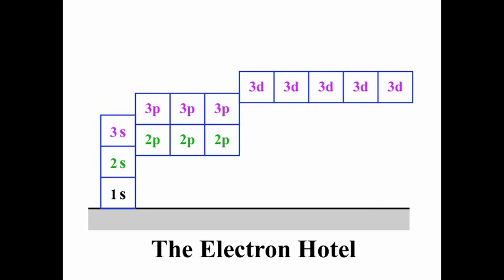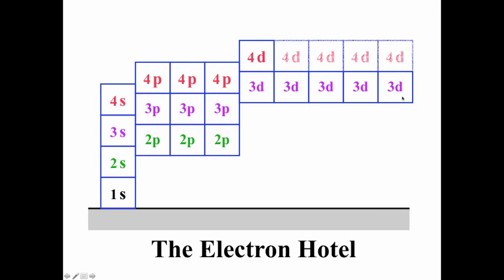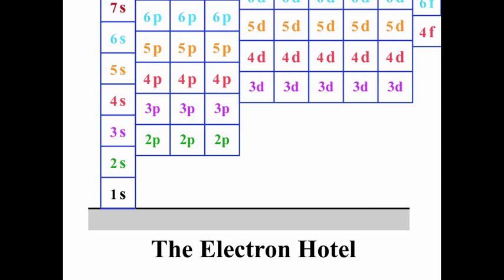Then 3s, 3p, and 3d, each of which are slightly higher than the previous subshell in terms of energy. Then 4s, 4p, and 4d, and the 4s orbital is a little lower in energy than the 3d orbitals, and it keeps on going, as shown here, and again kind of went off scale eventually.